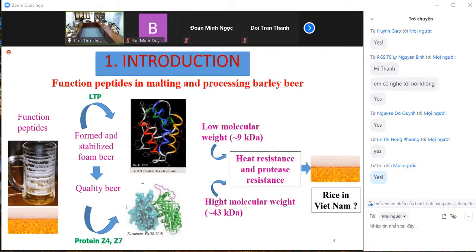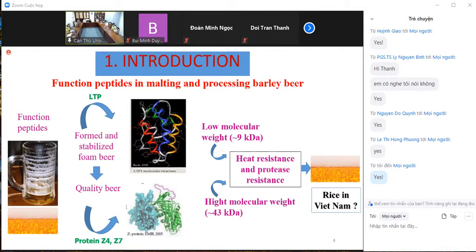There are two groups of proteins that form foam. This is the LTP, with a low molecular weight of about 9 kilodalton, and the other protein is protein Z, with a molecular weight of 43 kilodalton.